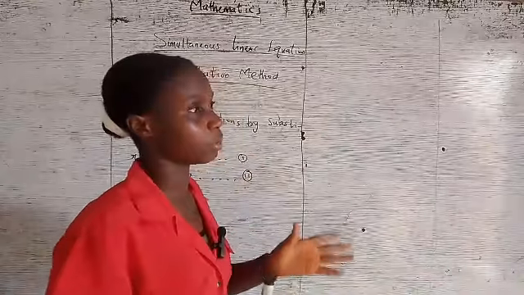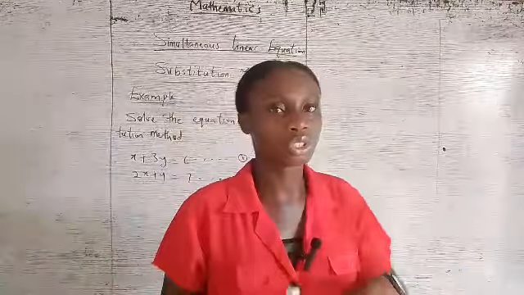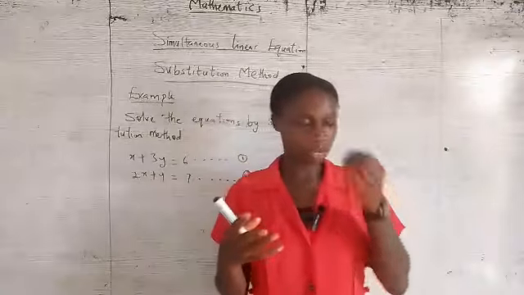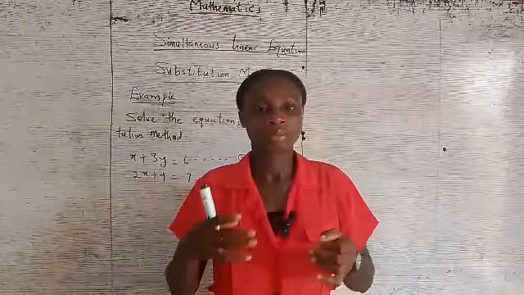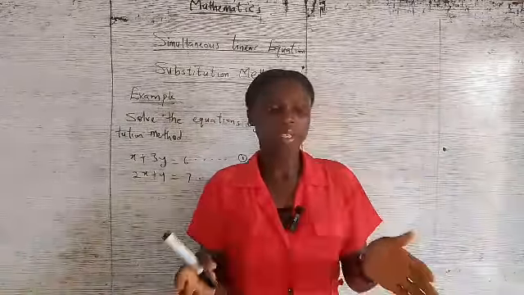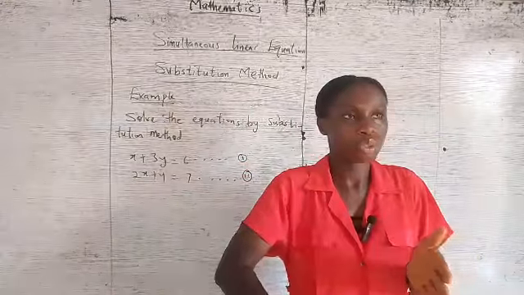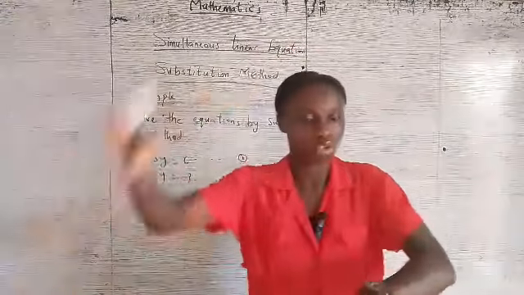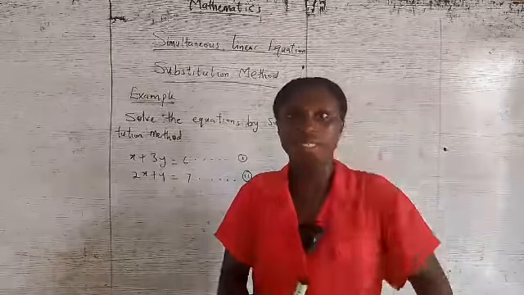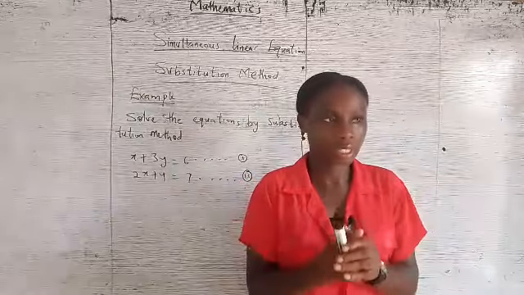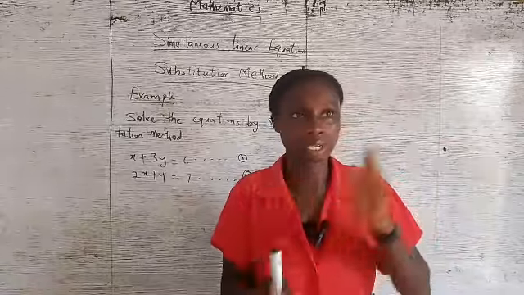Let me just explain what substitution means. Just the way I will explain it myself, substitution, by name, means that you put something in for something, like something standing in for something. Just like between a mother and a child.